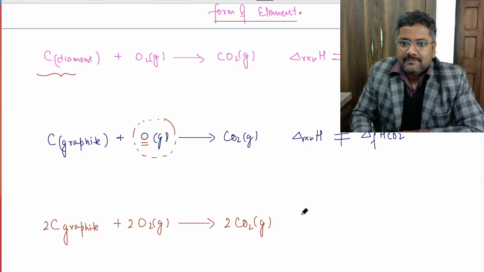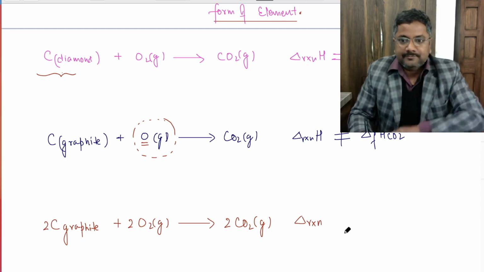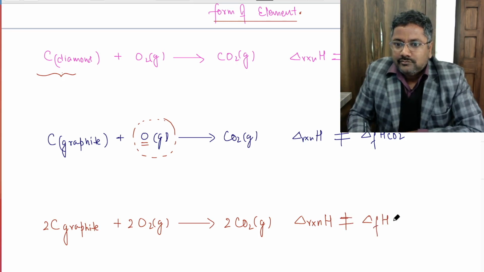Suppose that this is given. This time whatever delta H of reaction is given is also not equal to the delta H formation of CO2.